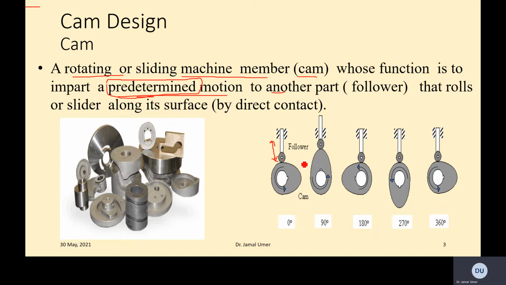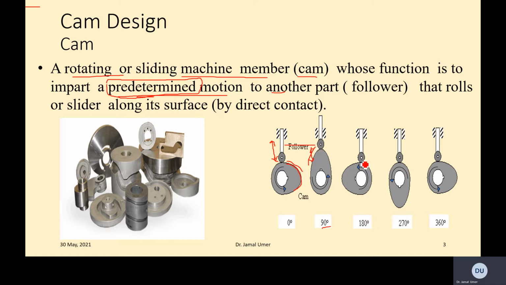So for example, when the follower is at this position, and the CAM has rotated through 90 degrees, it has reached a maximum position. So you see the follower has traveled this much distance, all the way up here, so it has a certain velocity, a certain acceleration, and it has covered some displacement.